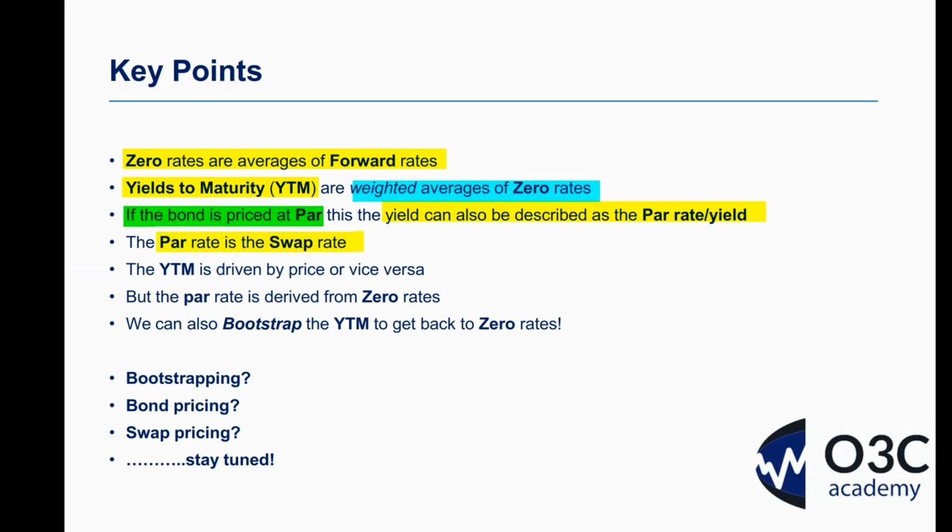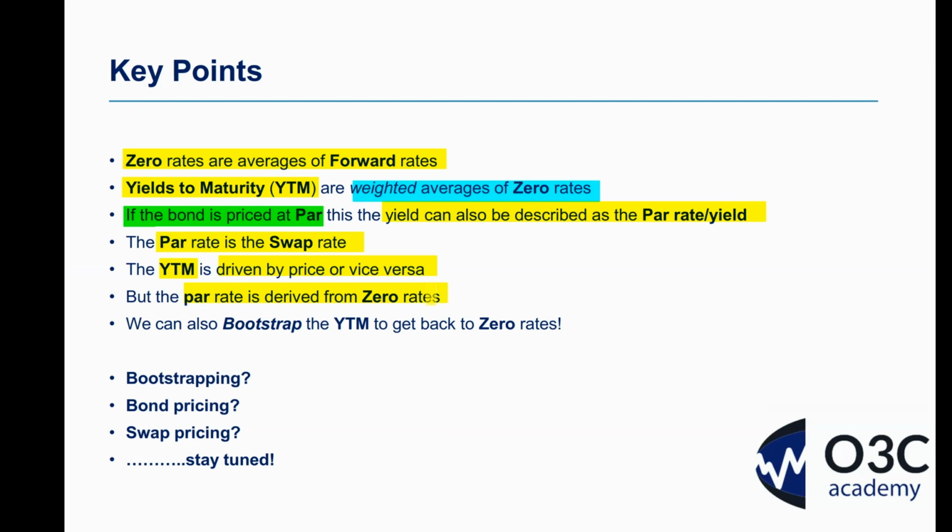And we'll discuss this in future sessions. As we saw, the yield to maturity is driven by price or vice versa, but the par rate is derived from zero rates. So when we go to talk about swaps, interest rate swaps, you're going to see how this is all going to pan out.